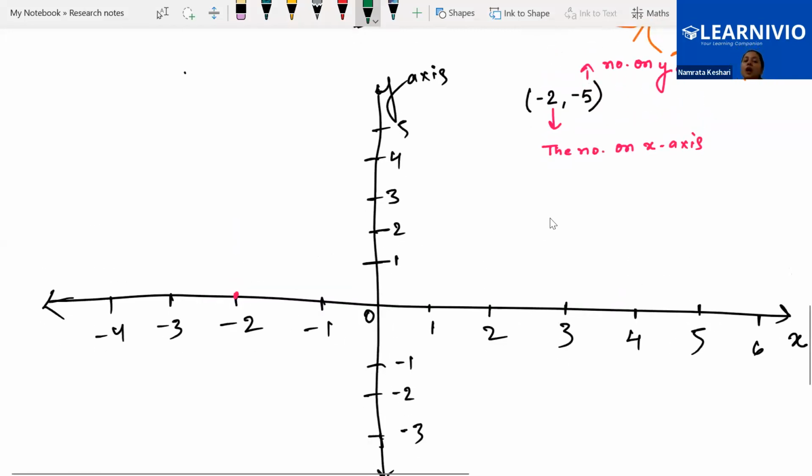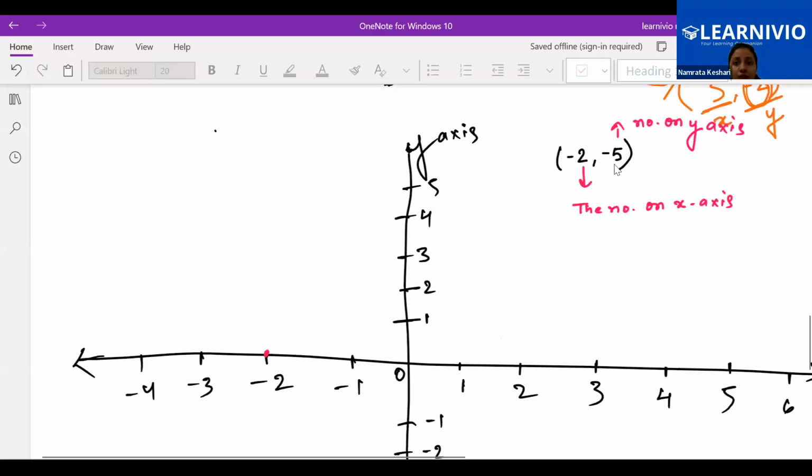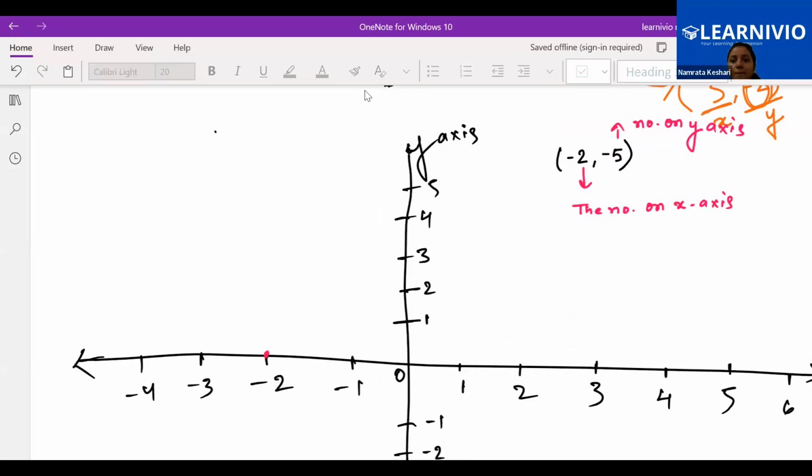Are we going to move in the upward direction or downward direction? Downward. No, so upward? Y is -5. See carefully. Arhan, y is -5.